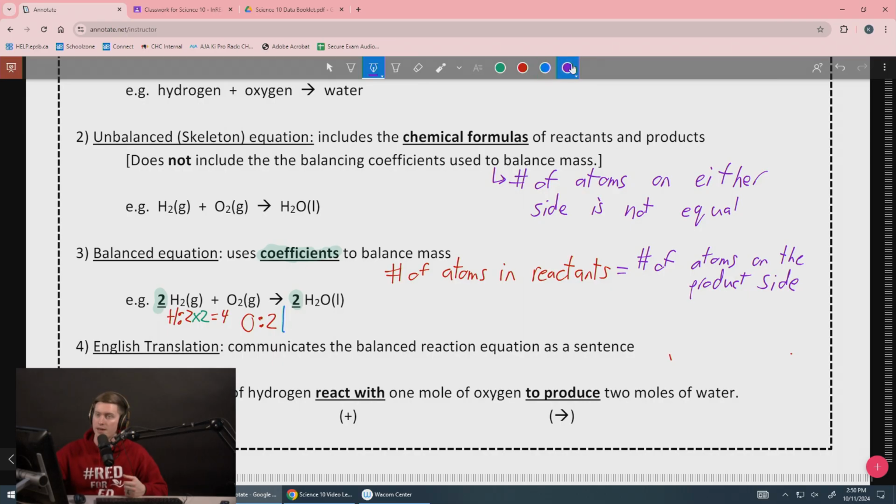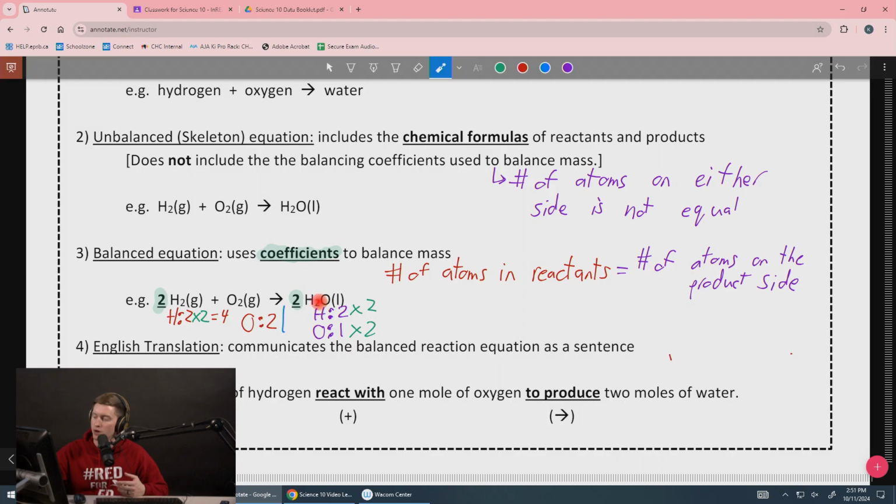On our product side, within the molecule of water, of H2O, we have 2 hydrogens and we have 1 oxygen. Now that we've placed a coefficient of 2 to the left of our water molecule, we can multiply both of these by 2.